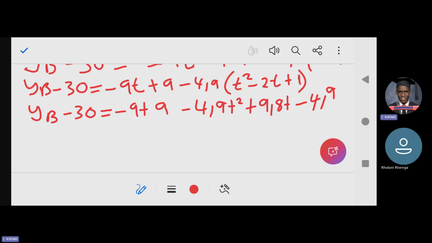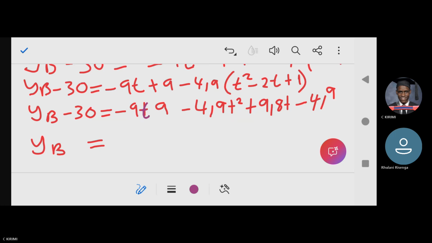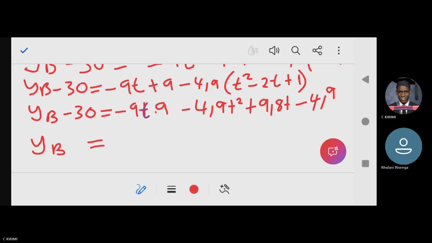Now you come and say yB is equal to, and remember, this is a t, minus 9t. Minus 9t, this is a t. And then we put a proper plus so that our numbers are clear. It's a t plus 9.